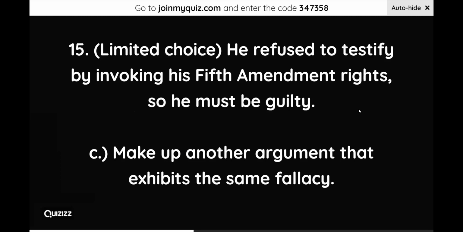Okay, so we want to make up another argument that exhibits the same sort of fallacy. I could think of something. So what's something that might be like a limited choice?